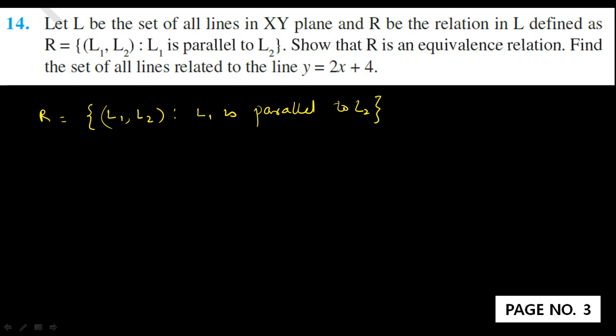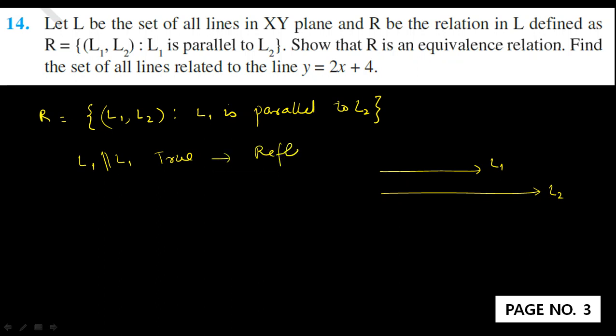Suppose this one is the first line, and this one is the second line. This one is L1 and this one is L2. If I am talking about L1 parallel to L1, this one is true. It means the nature is reflexive. First condition is true.